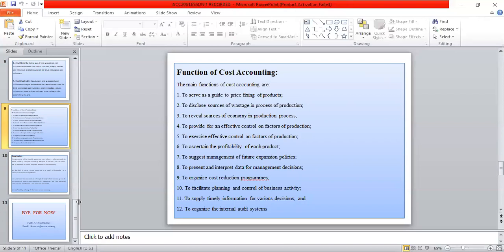Cost accounting is used by management of organizations to expand their future policies. It is also used to organize cost reduction programs. The information gotten from it is timely because it is used for decision-making purposes.